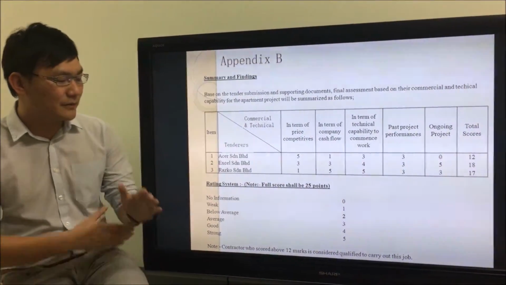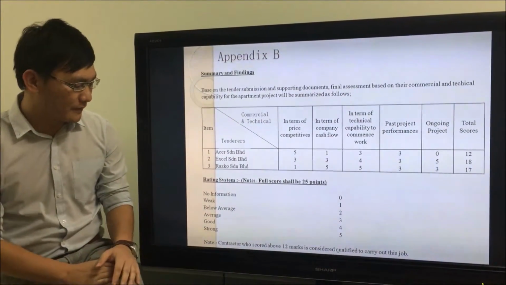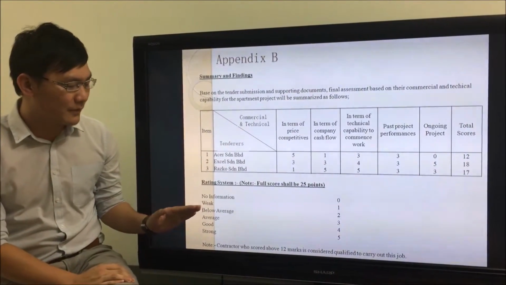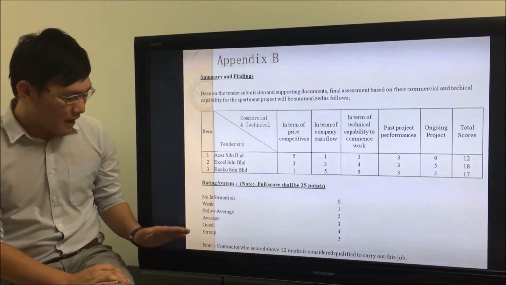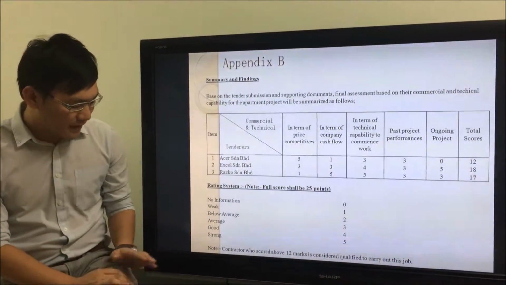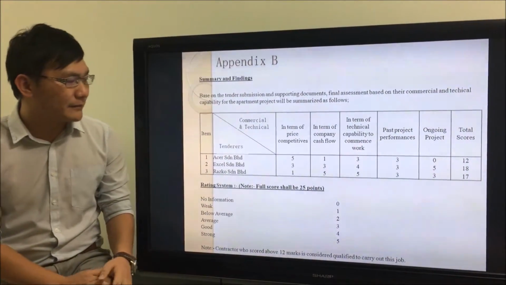The rating system full score shall be 35 points. And from here, no information will be computed as 0, weak will be computed as 1, below average will be computed as 2, average will be computed as 3, good will be 4, and strong will be 5. Okay.